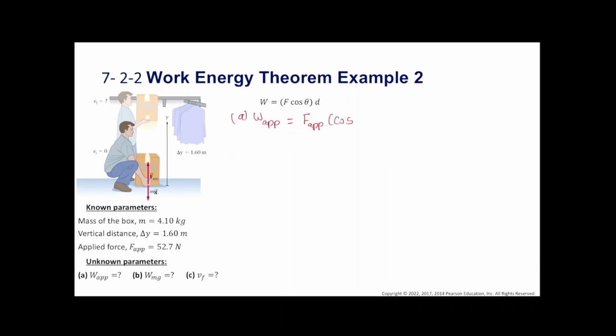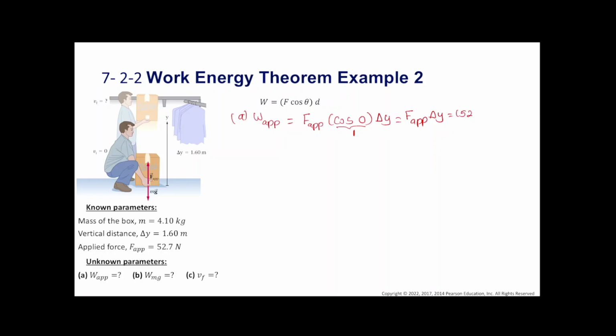So what is the angle of the applied force? It is 0. Why? Because the applied force is in the direction of motion, so there is no angle, therefore theta is 0, and the distance is delta y. Now cos 0 is 1, therefore it is applied force times delta y, and we can substitute the values now.